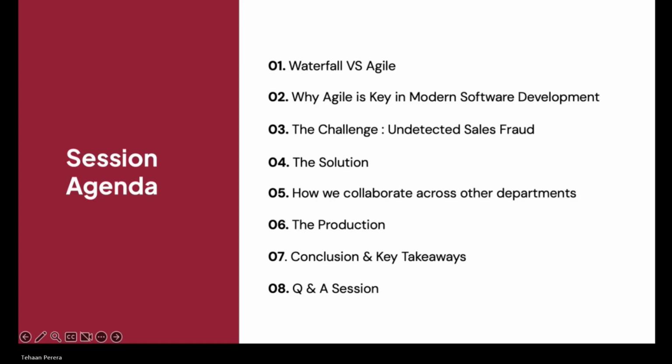One of the projects that we were working on, the undetected sales fraud system and the solution we came up with, how different teams collaborated in different departments to build this solution, to come up with the solution and the prediction, and also the conclusion and the key takeaways. And we have a small Q&A session if y'all have any questions. All right then.